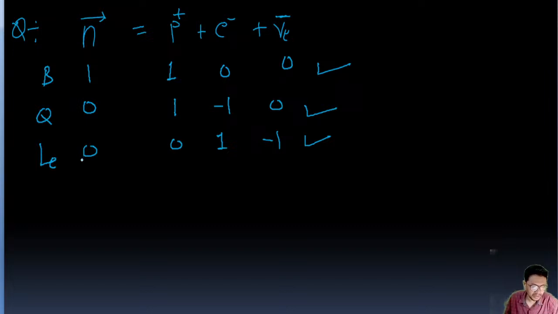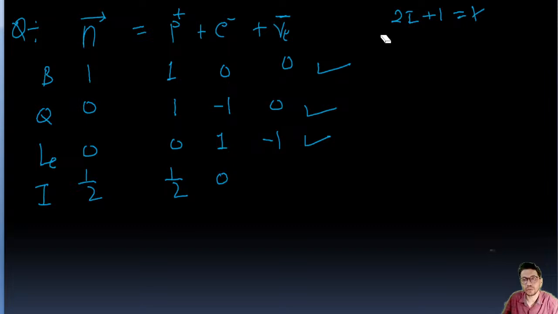Now we'll find the isospin I. For the neutron the isospin is half, for the proton it is half. For the electron, because it is only one particle, the multiplicity 2I plus 1 equals 1, the 1 will get cancelled, and I is going to be 0.